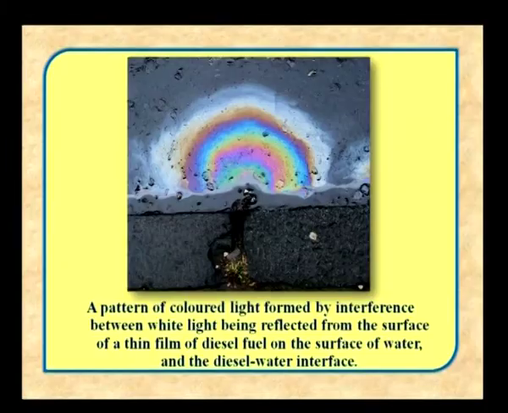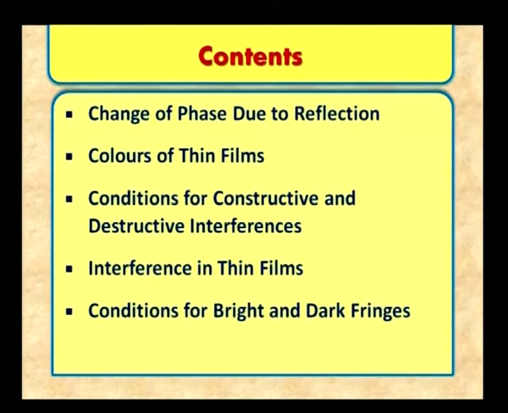Because of that film, it acquires color, and as I will be showing you again, the colors that you see are due to interference. Before I go further, I would like to remind you of two important things. I will be talking many times about path difference. You should understand what is meant by path difference, and again the first point, change of phase due to reflection.